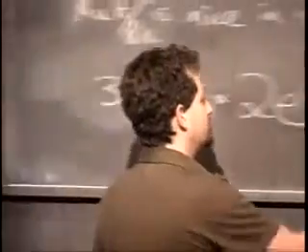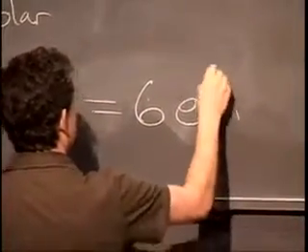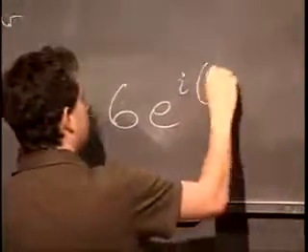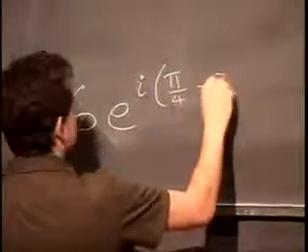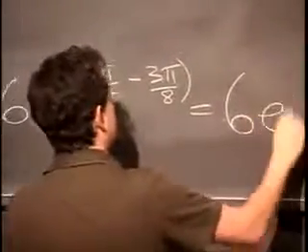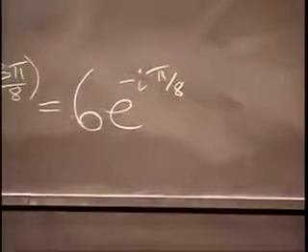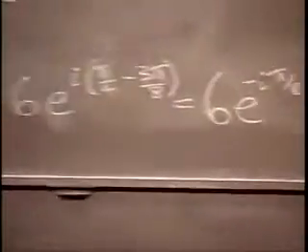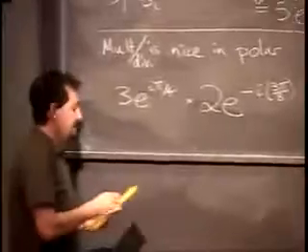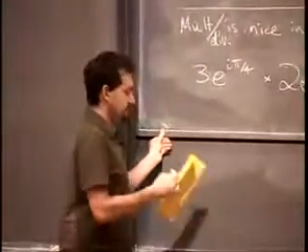Well, you just use the exponential rules. You have 6e to the i, and you just have to add these exponents. Pi over 4 minus 3 pi over 8. So this is 6e to the i times minus pi over 8. And I don't say what that is, I'm just going to leave that in polar form. So multiplication is really quite straightforward.